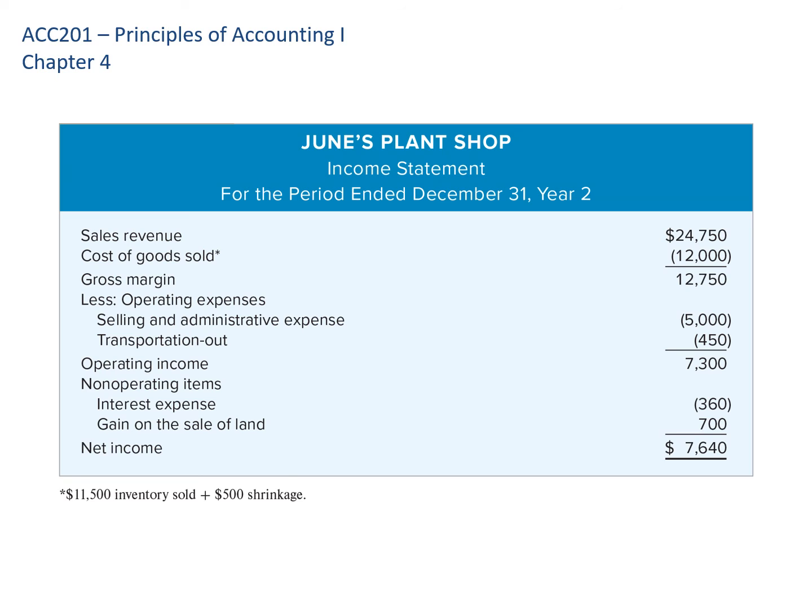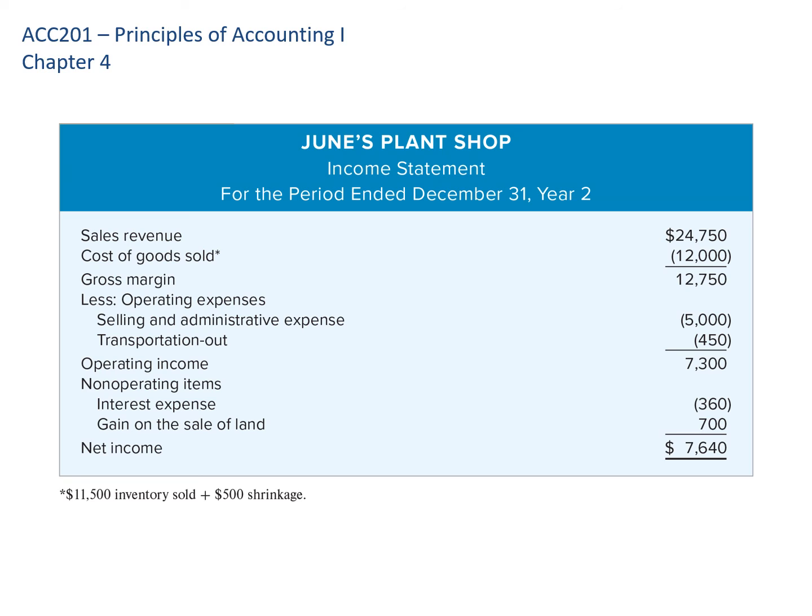So I'll have selling and administrative expense, and in this case, they have transportation out. So they've apparently made some sales to customers on an FOB destination basis and recorded that expense. So now that's the core purpose of their business for this plant shop. So their operating income was $7,300. Okay, so they had a positive result from their operations.